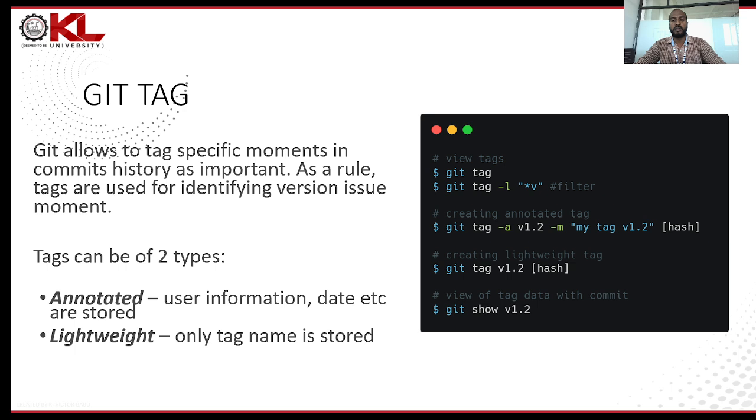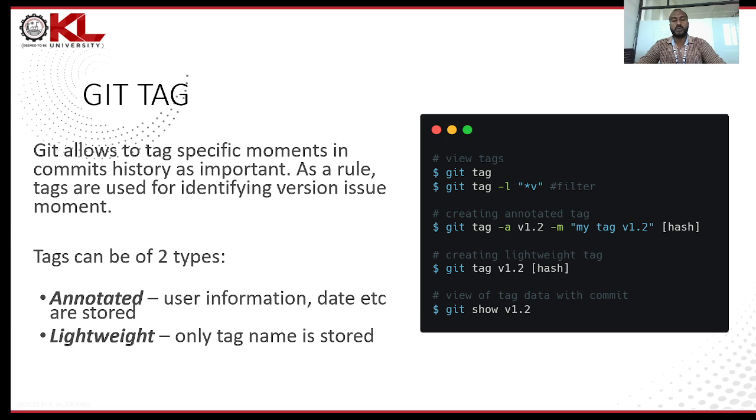Using the tag, we can extract the total information or the total activities we did on any specific repository. As a rule, tags are used to identify version issues and movements. Everything will be understood and fetched because of one thing, a tag. A tag is a very easy way to extract anything related to our repository.